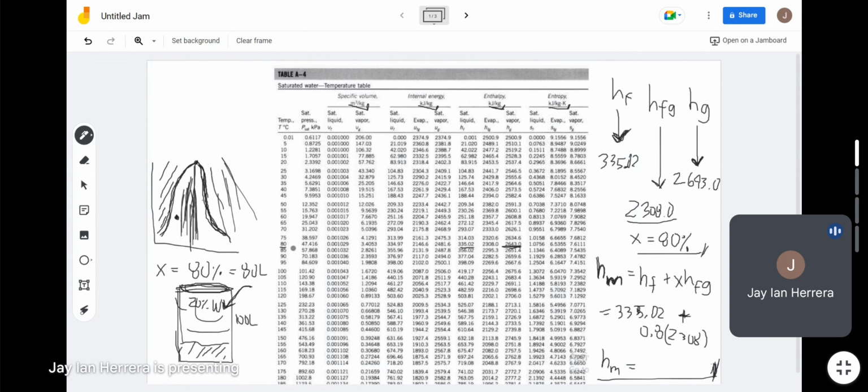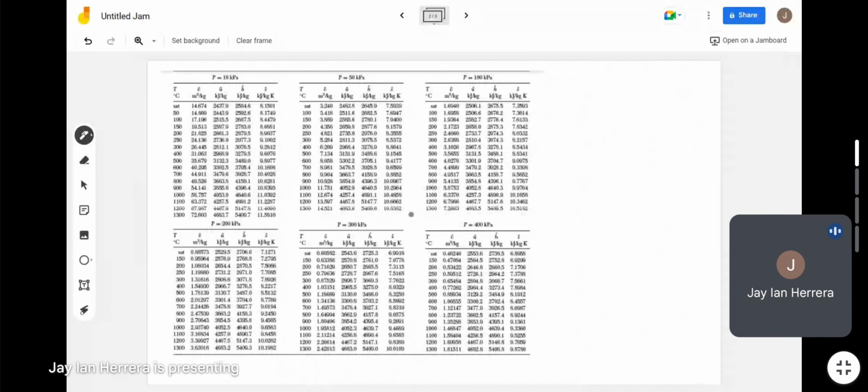Pag lumagpas pa yung values of enthalpy natin, beyond 80, and then tumaas yung pressure niyan, kahit 80 pa lang yan, magiging superheated steam na yan. Ayan. So, nakabukod to doon sa saturated temperature na steam table. So, under superheated steam tables, nakikita nyo naman dyan.